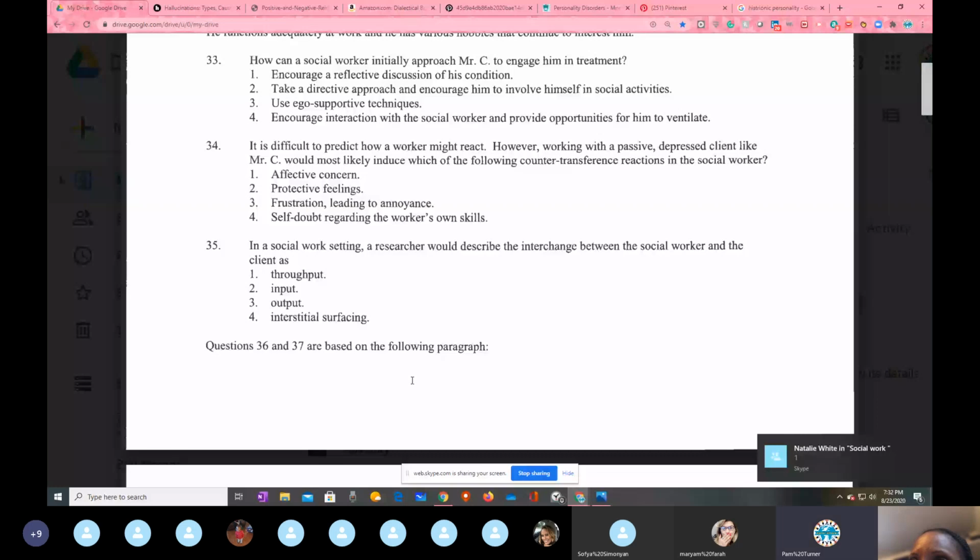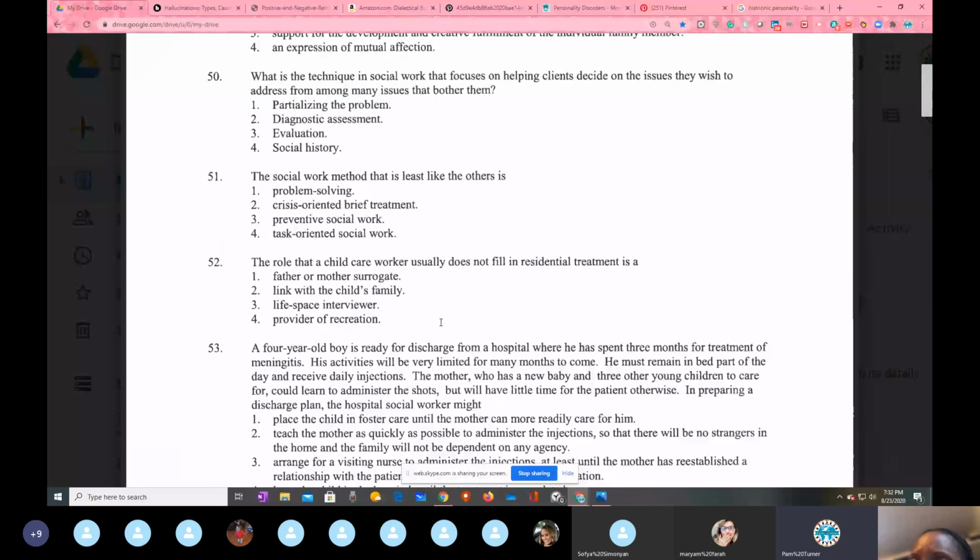Look at number 51. The social work method that is least like the others is, again, these are interventions. So these are the types of orientations, the things that I would do to intervene with my clients. One of these is not like the other.